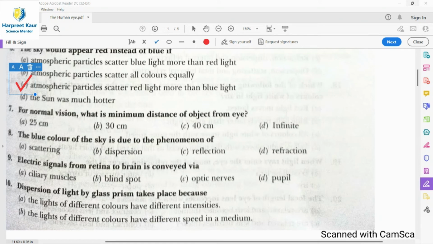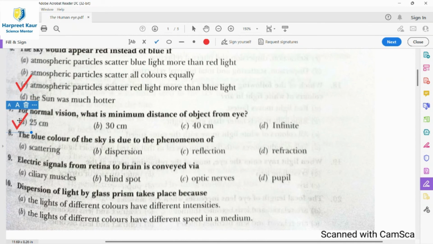Accommodation is the ability of an eye to focus on objects at different distances. So the minimum distance should be 25 centimeter for a normal eye. A normal eye has a power of accommodation which enables objects as far as infinity and as close as 25 centimeter to be focused on the retina. So the minimum distance would be 25 centimeter. Hence option A is the right answer.